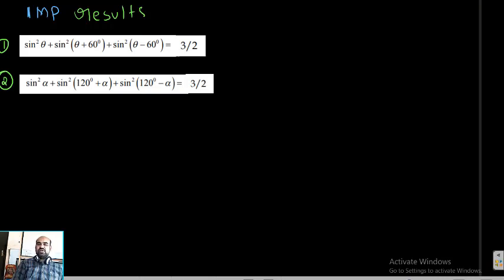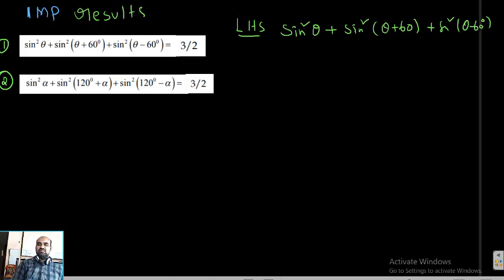Okay, so I want to take the LHS. That is sin square theta plus sin square of theta plus 60 plus sin square of theta minus 60. Sin square theta stays as it is, and these two terms are in the form of a square plus b square. A square plus b square is equal to a plus b whole square minus 2ab.